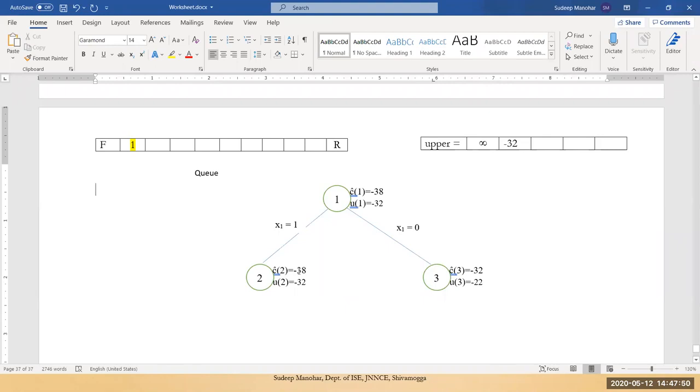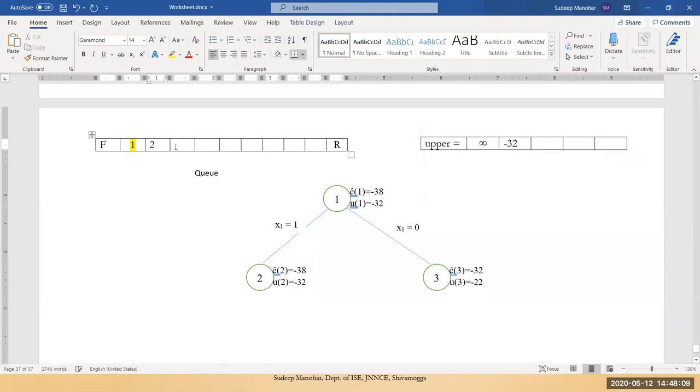Now consider the C cap value: C cap of 2, minus 38, whether it is greater than upper. Minus 38 greater than upper, false. Node number 3, C cap of 3, whether it is greater than upper, both are the same, it is also false. So therefore 2 and 3 both will enter into the queue.